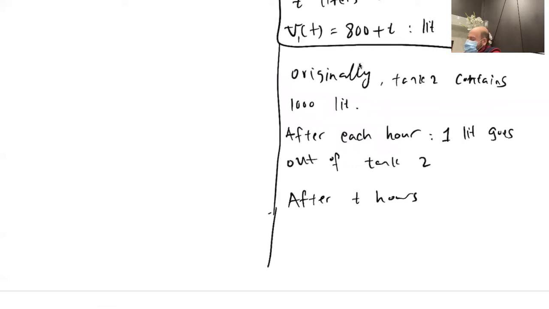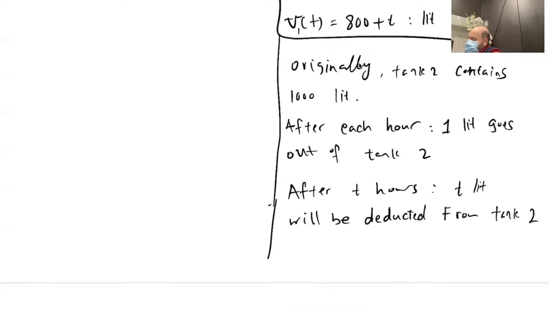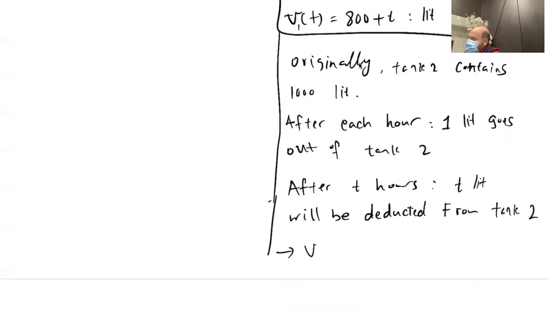So after t hours, t liters will be deducted from tank 2. That means V2 of t is equal to 1000 minus t liters contained in tank 2 after t hours.